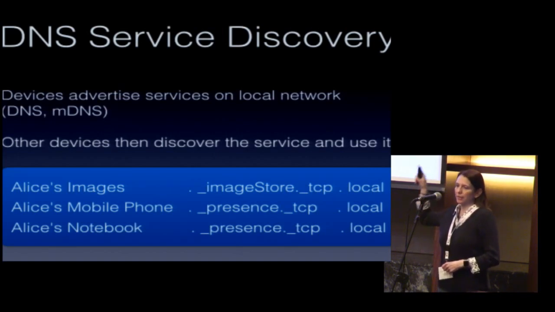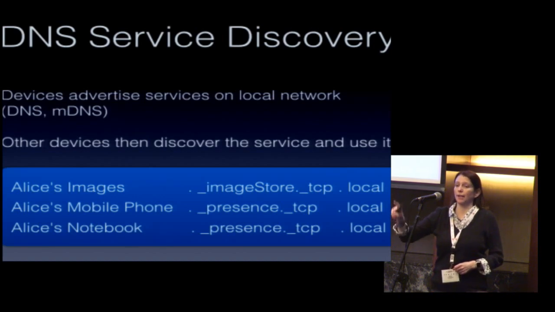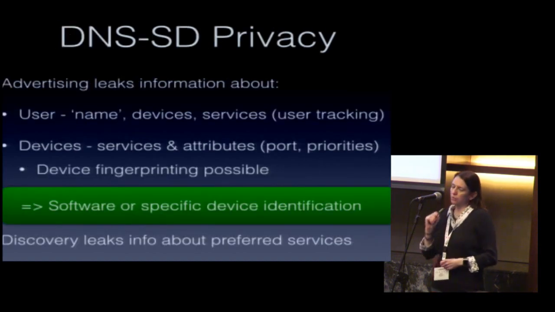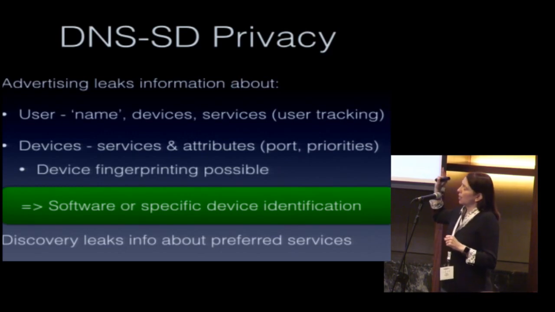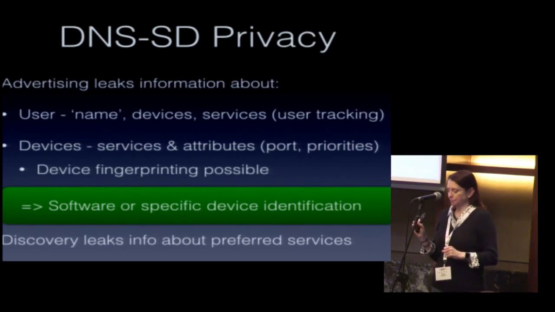So you can see this fingerprint as it moves around networks, and that means you've got user tracking capabilities. And this goes beyond tracking the user. It can go deep, exposing information about, for example, when you advertise these services, you also often advertise attributes about them.